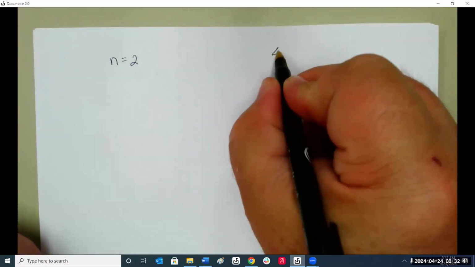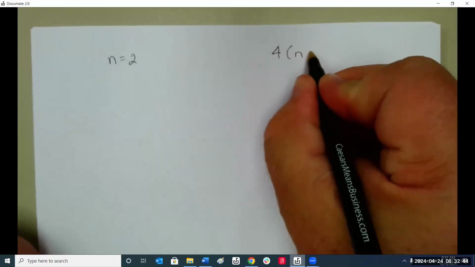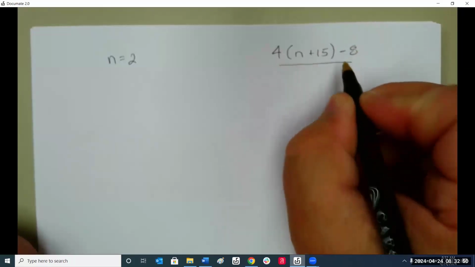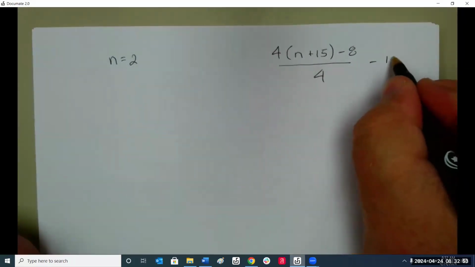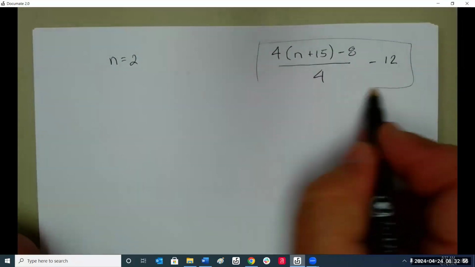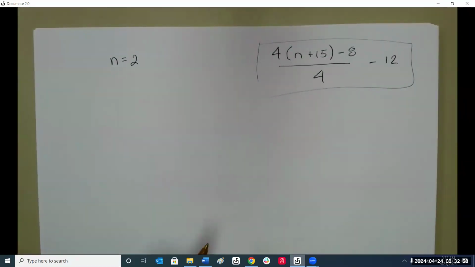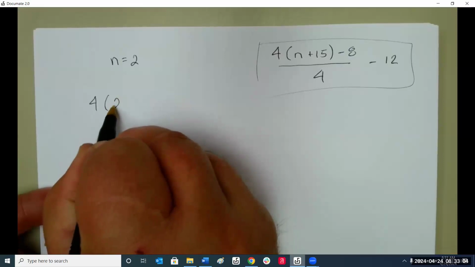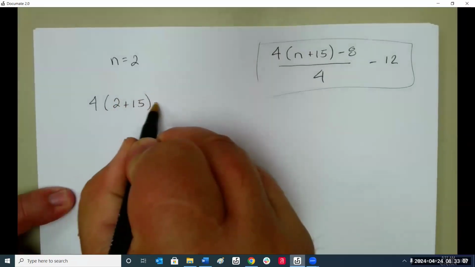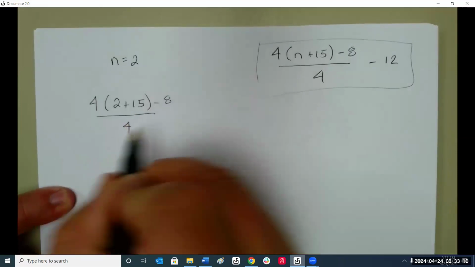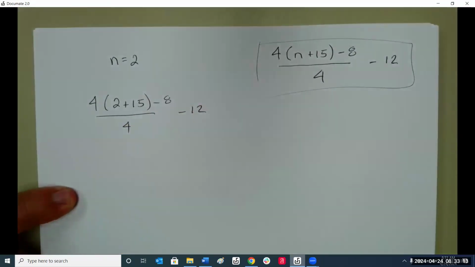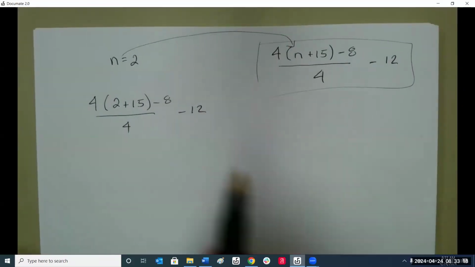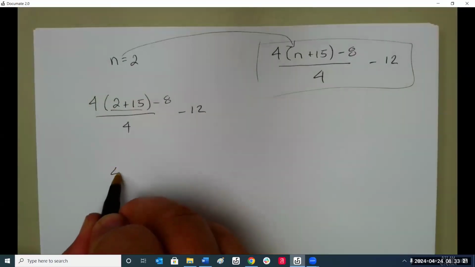The formula we have is this. So order of operations, I just plug in what I have. I plugged in my 2 for that number there. Order of operations, do inside the parentheses first.